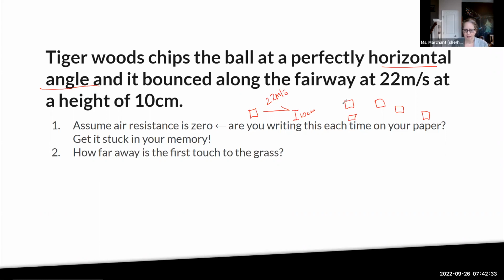The time here would be time t. I'm just using t as a variable to relate it, and it would be the same as the time for this section. Each time, when I drop it or when I send it off with a horizontal velocity, the times are going to match because air resistance is 0.